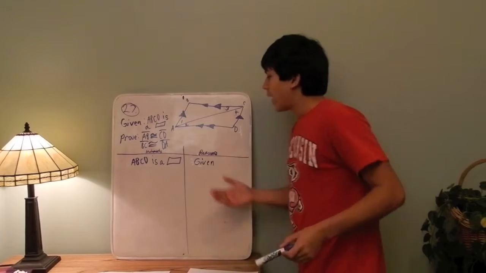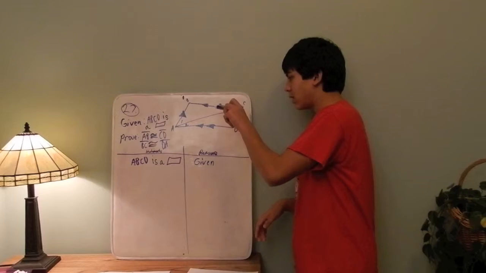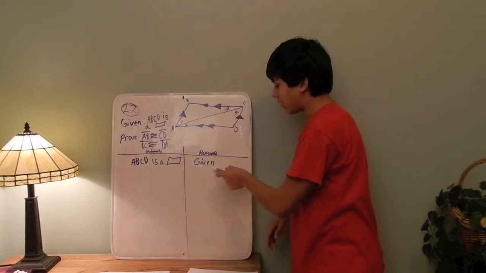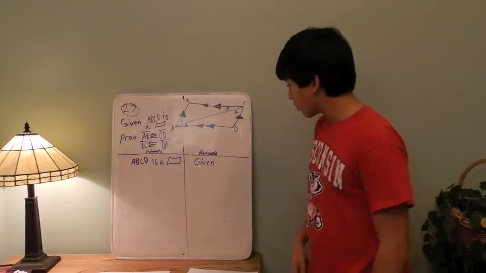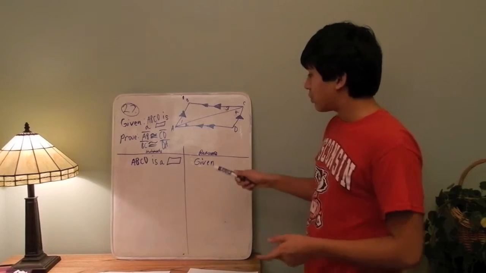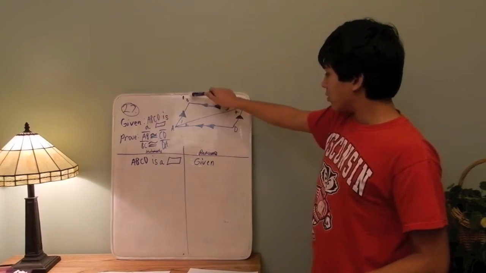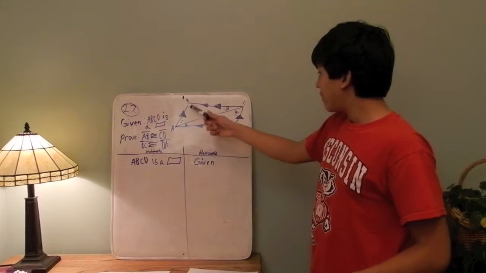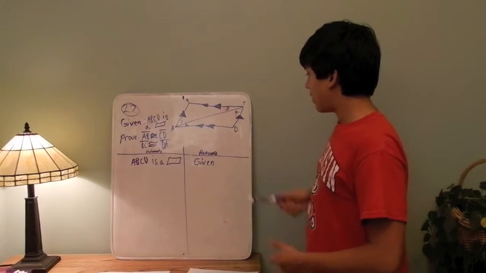So, given ABCD is a parallelogram, put that down right here because we were given that. We're trying to prove that AB is congruent to CD and BC is congruent to DA.